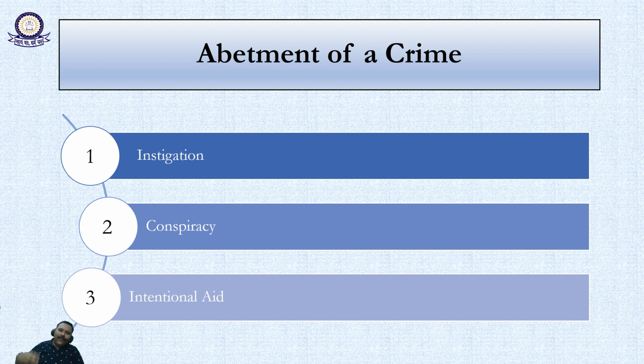Okay, so there are three ways the instigation can be done. Number one, you instigate someone, you urge someone to commit a crime. If they do that, that's higher punishment. If they don't do that, there is lesser punishment, but nonetheless, punishment is there in any case. Conspiracy requires, in order to be punishable, something must be done in furtherance of that conspiracy. And intentional aid, obviously, if a crime is committed in pursuance of that aid, then it is higher penalty.